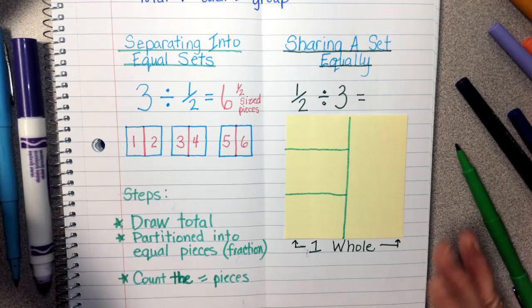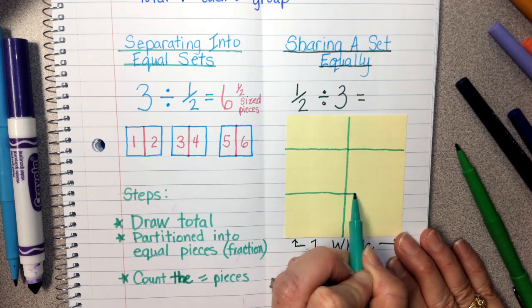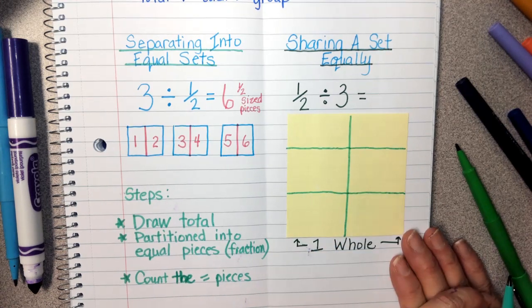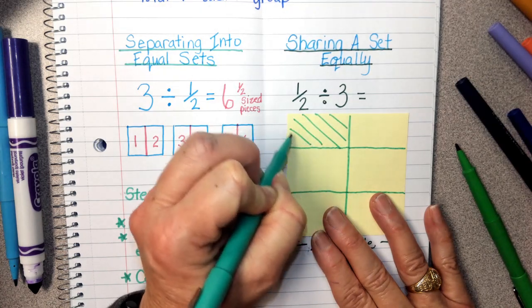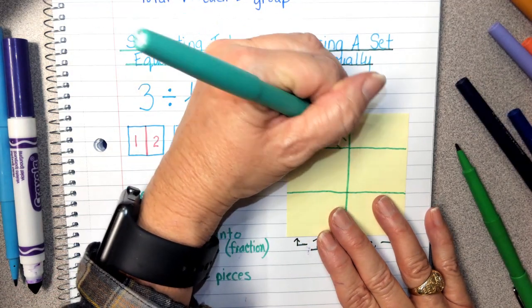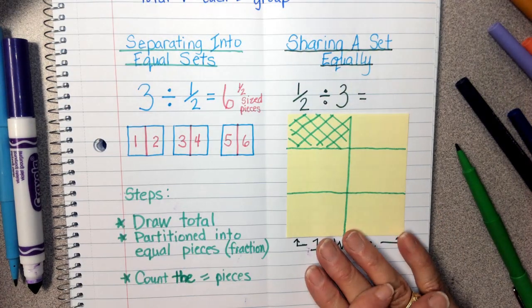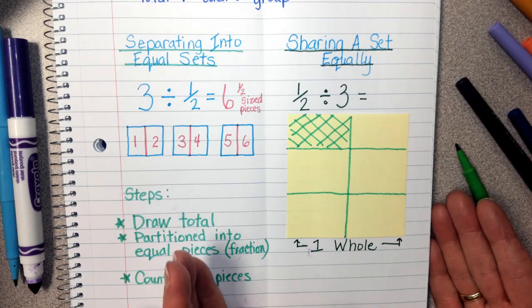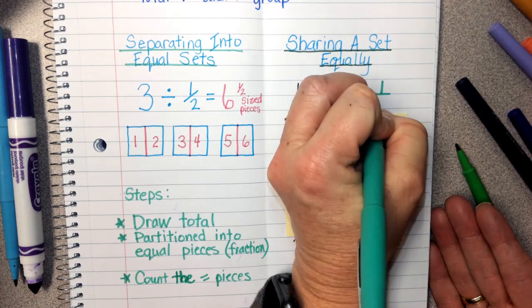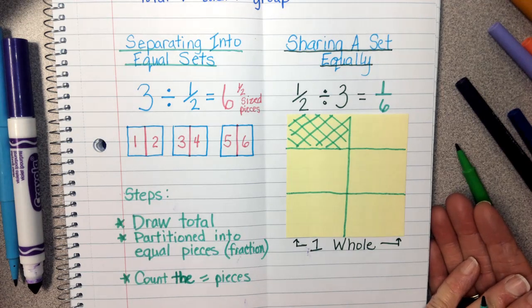Well, we have to partition both sides. So we have to carry over our dividing lines. And then when I think about my answer, I think about only getting one of these pieces, because my question was asking me about one of the lengths of the piece of ribbon. And so whenever I look at this to label it, I think, what is the part that is shaded? The part is 1. And how many total pieces are represented? There are 6. So my answer is 1/6.